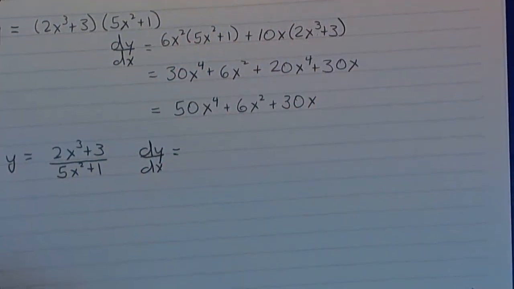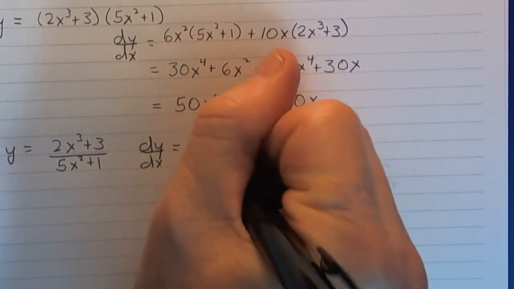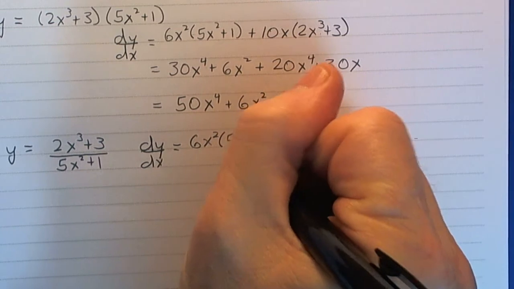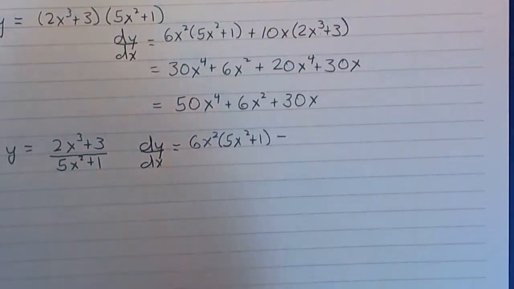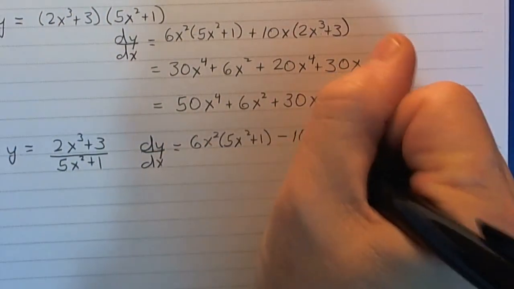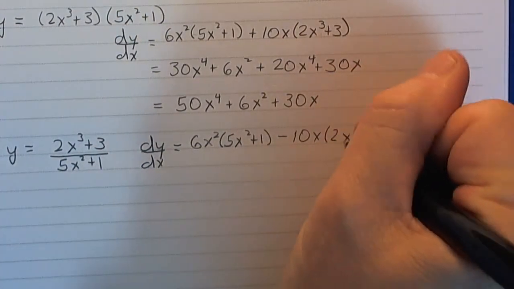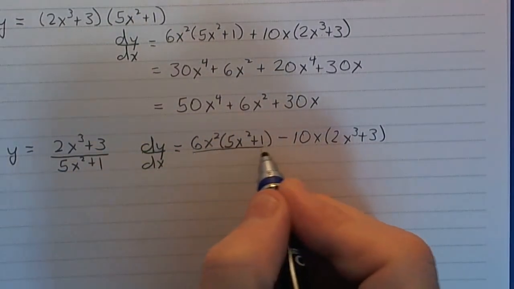I'm going to take the derivative of the top, which is 6x squared, times the bottom. Now I do minus, okay, derivative of the bottom, which is 10x, times the top, all over the bottom squared.